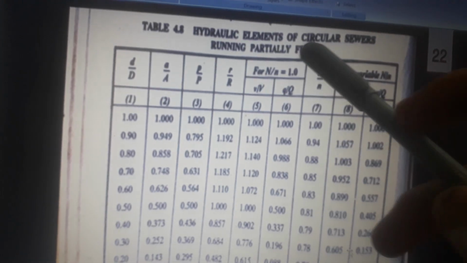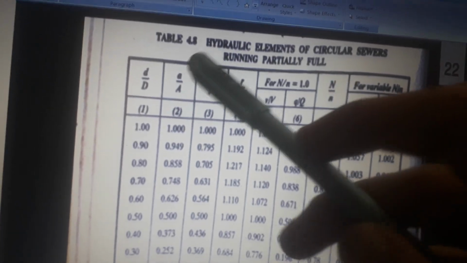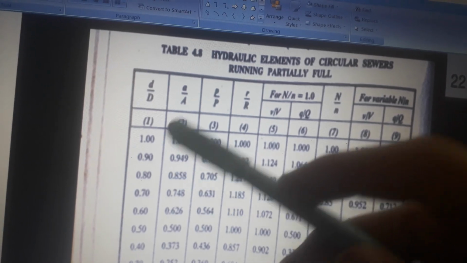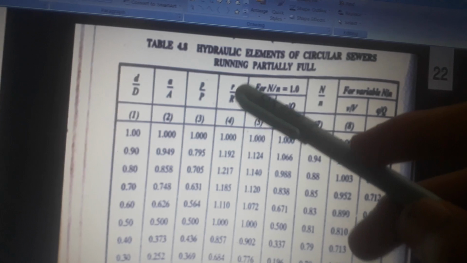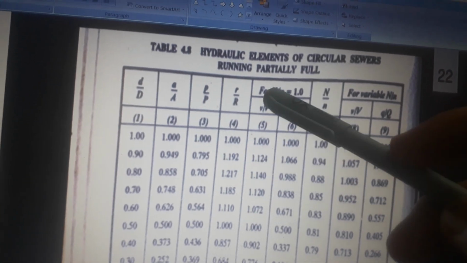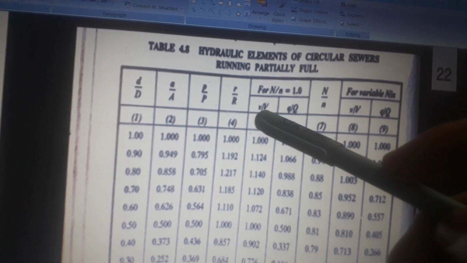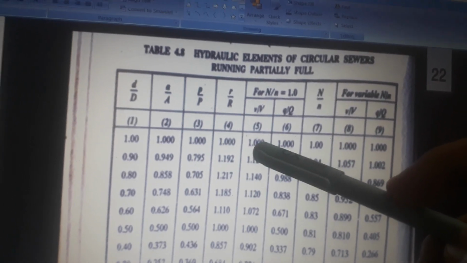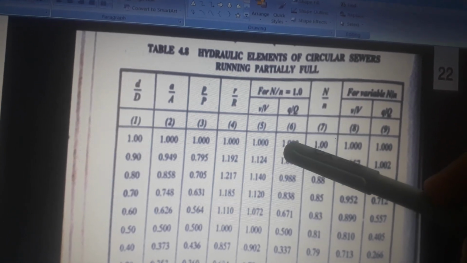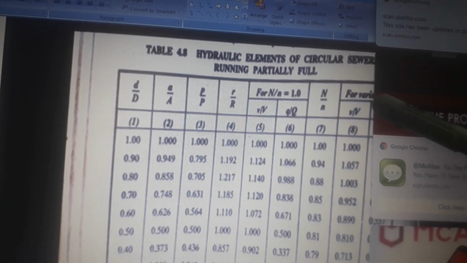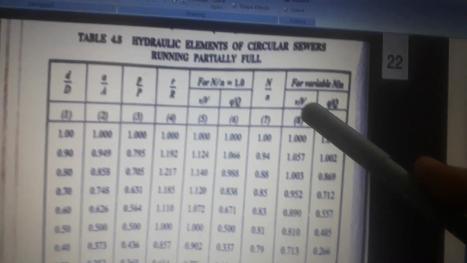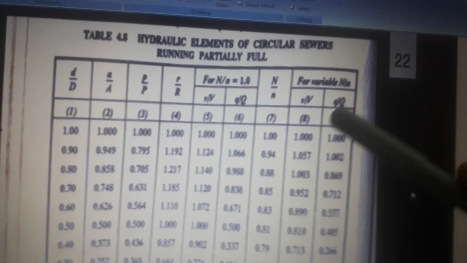Hydraulic elements of circular sewers running partially full. For d/D = 1.00: a/A = 1.000, v/V = 1.000, r/R = 1.000. For N/n = 1.0: v/V = 1.000, q/Q = 1.000, and N/n = 1.00. For variable N/n: v/V = 1.000, q/Q = 1.000.